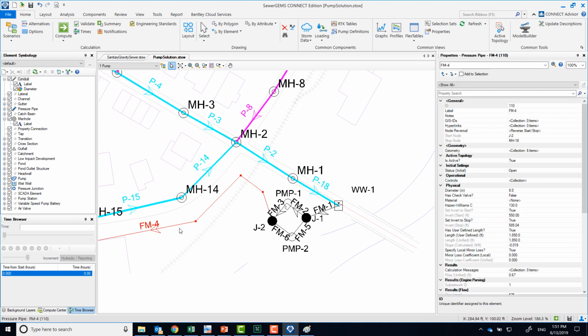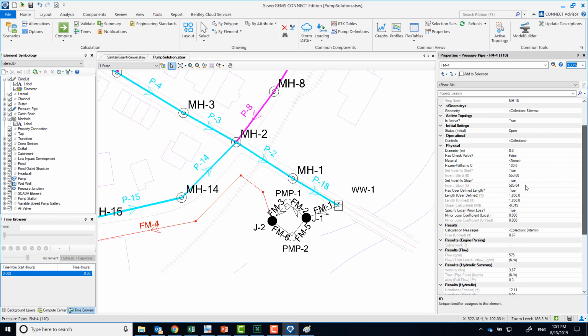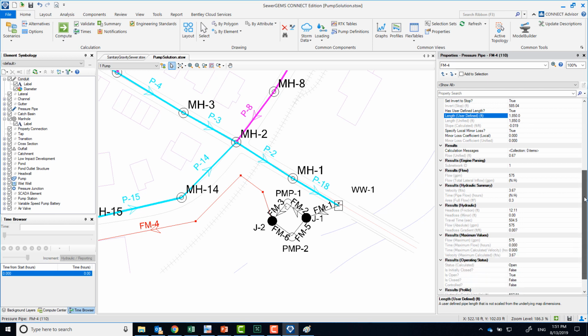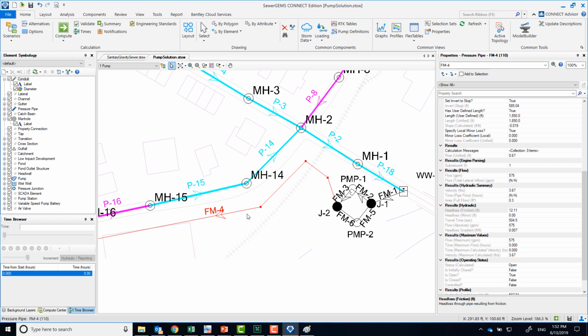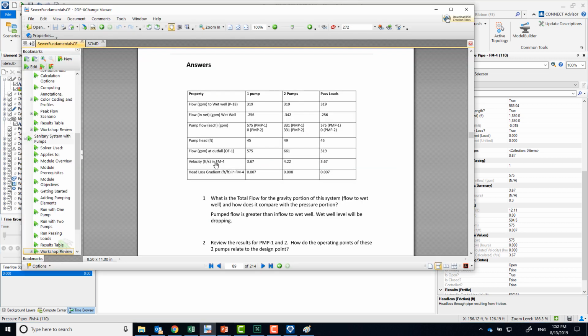So this is a very long pipe, 8-inch in diameter, and we see that it's 1,850 feet, and the total head losses for that is 12.11 feet. There's also head losses in these other 3 pipes, but they're smaller, not as significant in terms of the head losses. So it's mostly the head losses happen here.